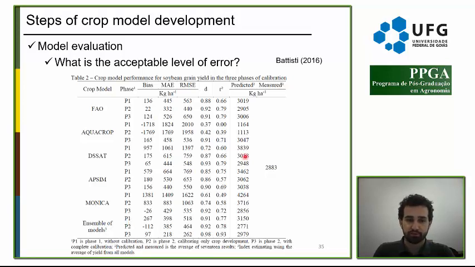Okay, so here is an example that you can use different statistical indexes to evaluate the model and compare across different models and different studies to evaluate the performance of the model.